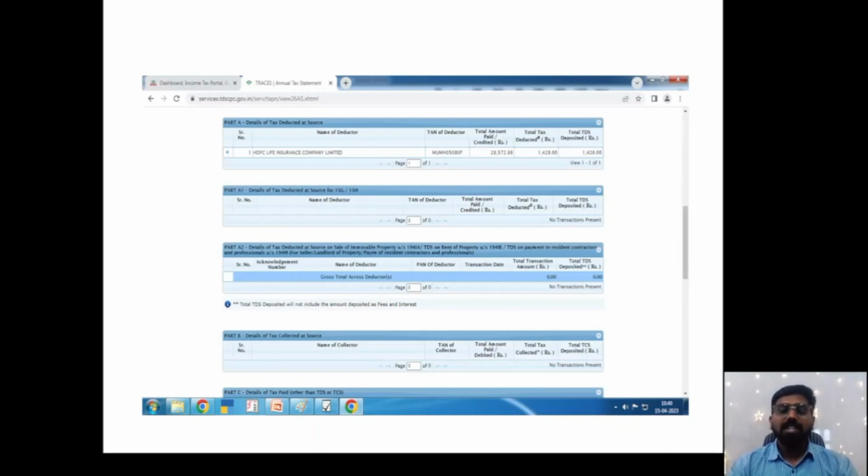The third one is tax on regular assessment, which will be paid by an assessee after filing his income tax return and a demand has been raised by the assessing officer in his assessment order. So his advance tax, self-assessment tax, and tax on regular assessment will appear in Part C of Form 26AS.